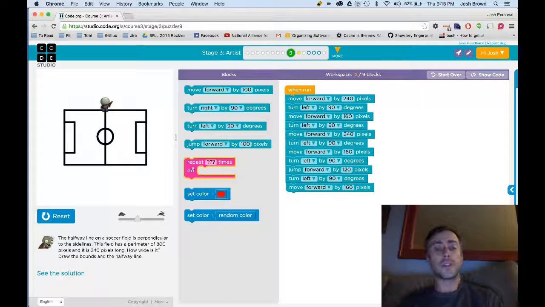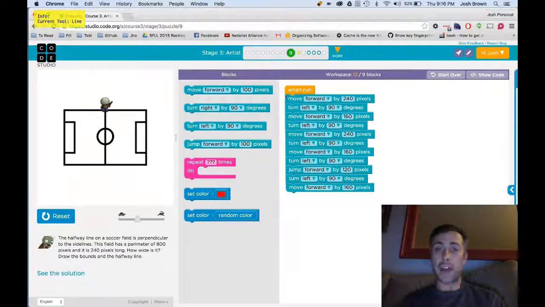So one thing we can do to optimize our programs is use the repeat block. The repeat block works really well when you have the same blocks that you need to execute over and over. So let's see if there's any patterns here that we could pull out with this repeat block.